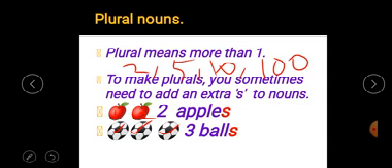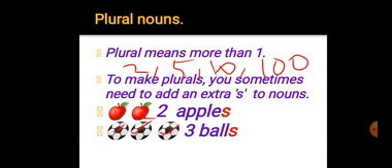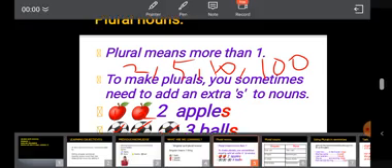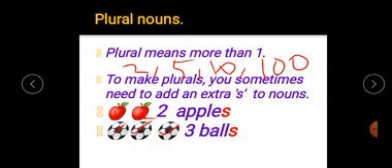And to make plurals, you sometimes need to add an extra S to the noun. For example, we had one apple when we were talking about singular. We just said one apple. There was no extra S added to it. But for plural, you can see that after the apple, another S has been added to it. Can you see the S? Let me point at the S so that you can see it. Yes.